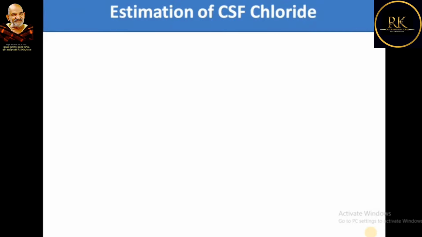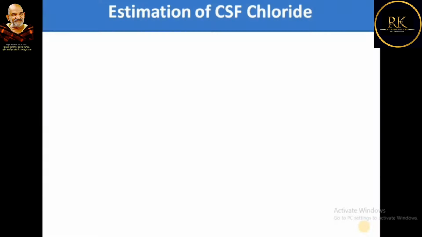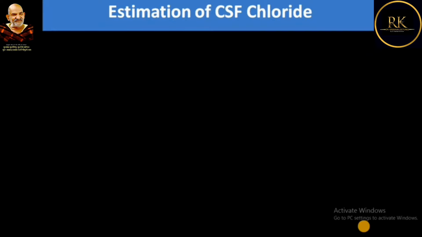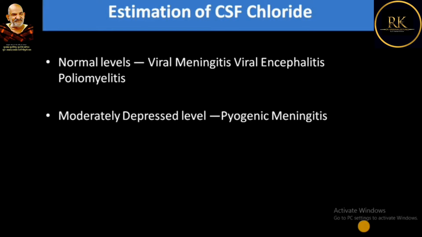Then estimation of CSF chloride. It is normal in viral meningitis and encephalitis as well as poliomyelitis. Moderately depressed level is seen with pyogenic meningitis, and a pronounced depressed level of CSF chloride is seen with tubercular meningitis.